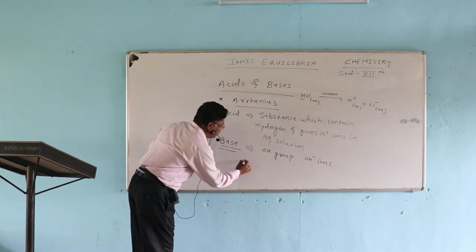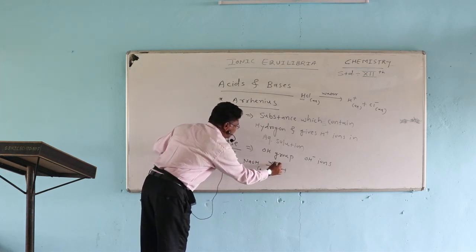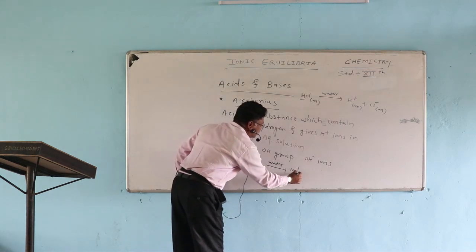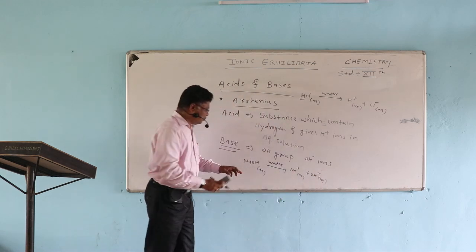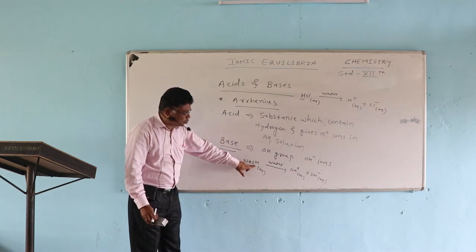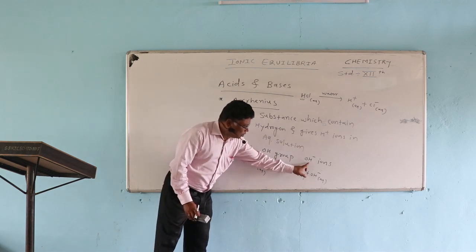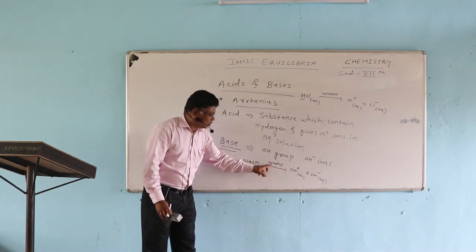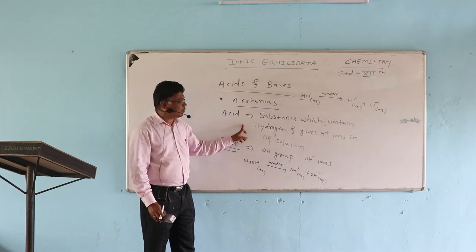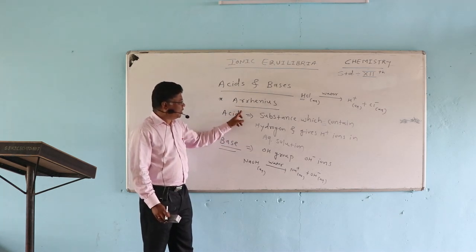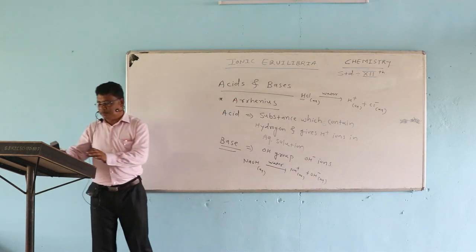So we can write NaOH (aq) in water gives Na+ (aq) plus OH- (aq). So substance which contains OH group and gives OH minus ions in aqueous solution, means in water, that is called as base. I think it is clear what is called acid and what is called base by scientist Arrhenius.